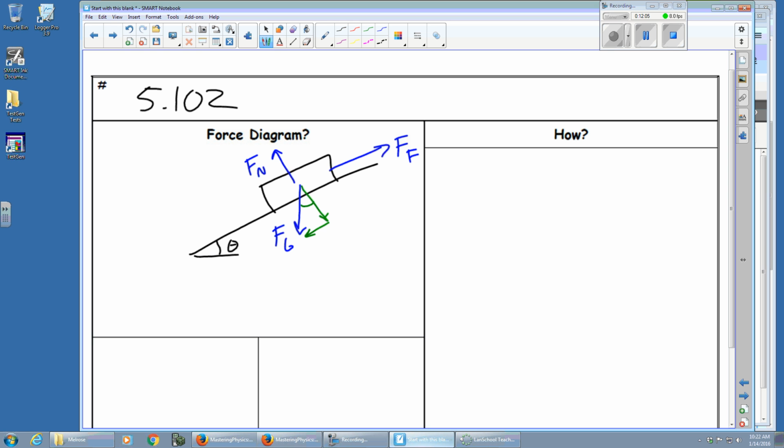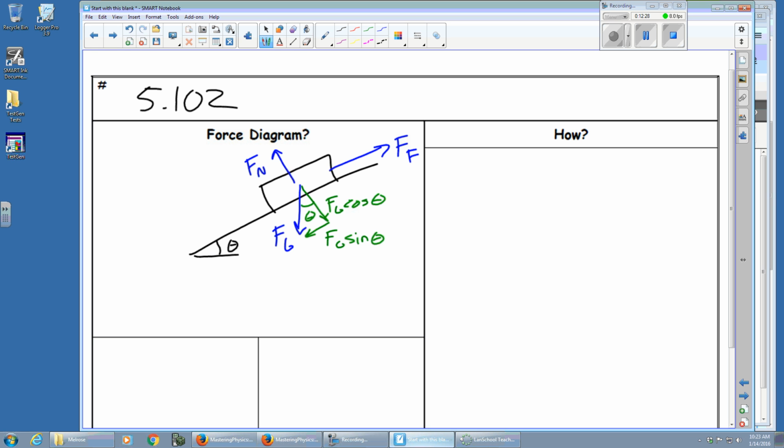So I need to do the components here as we were doing the other day. So this side would be Fg sine theta, and this side would be Fg cosine theta. And that would be my proper force diagram for this.